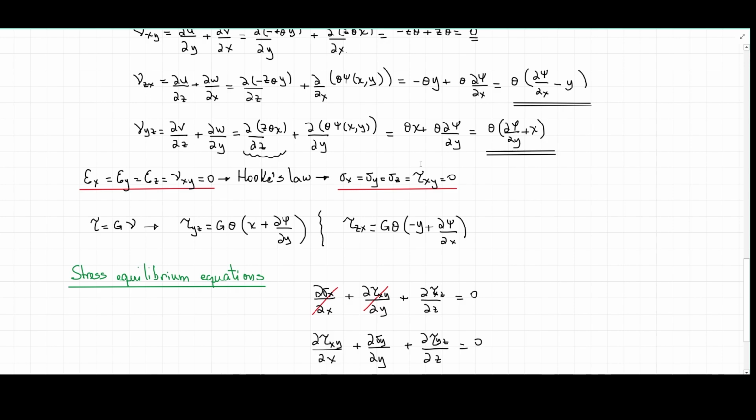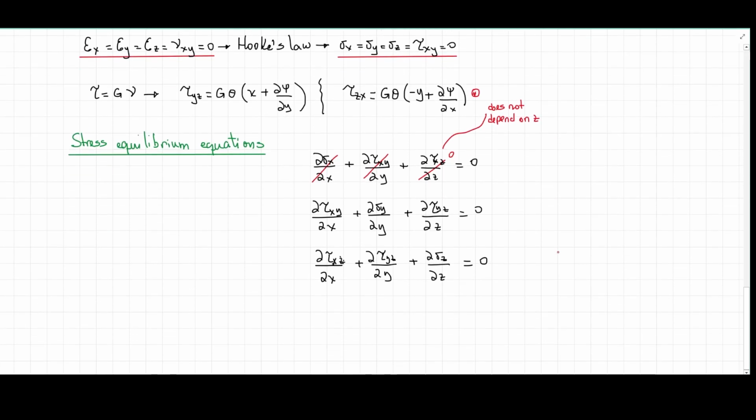The partial derivative of the stress xz with respect to z is 0, because if I take the partial derivative of this equation with respect to z, there is nothing varying in z, hence this is also 0. It does not depend on z. That's why it's 0. Then if I do the same here, the xy shear stress is 0, this one is 0 also, and similarly the shear stress in yz does not depend on z.